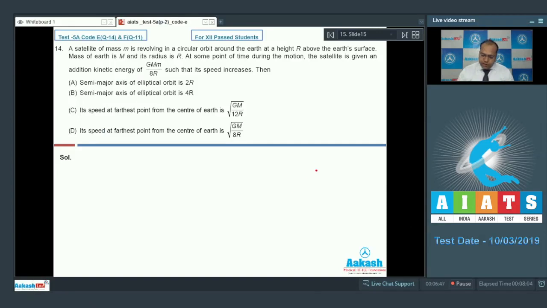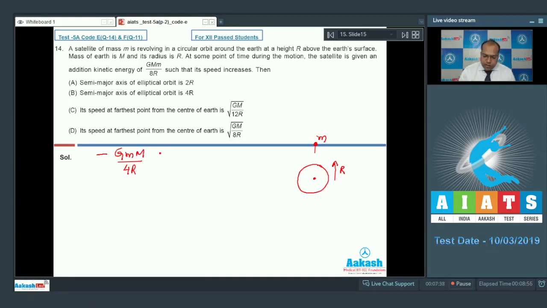Let's analyze the situation. Suppose this is the Earth of radius r and the satellite is at a distance r from the surface of the Earth, and it is given some additional kinetic energy. By applying the principle of conservation of mechanical energy, we can write the energy of the satellite at this instant as potential energy by 2, so minus G into M into small m divided by 4R.